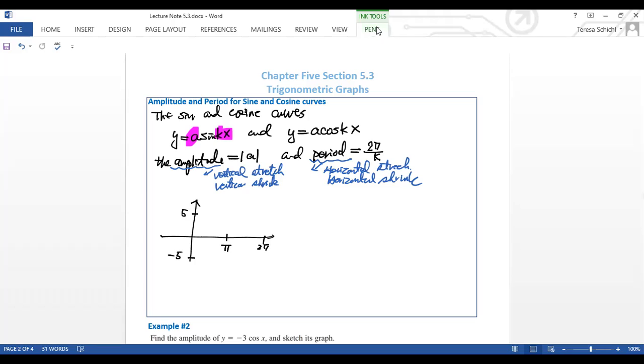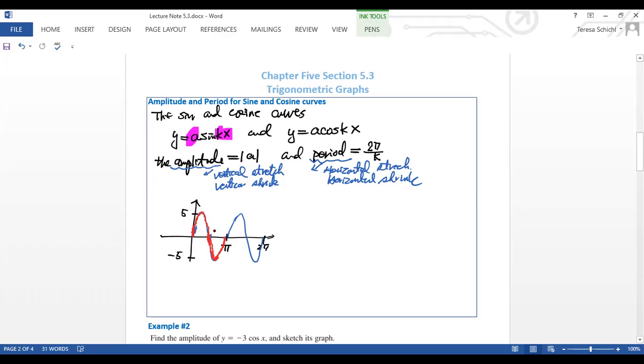If I have a sine curve that goes this way and then continues to repeat like this, you see this red one here finishes one period.